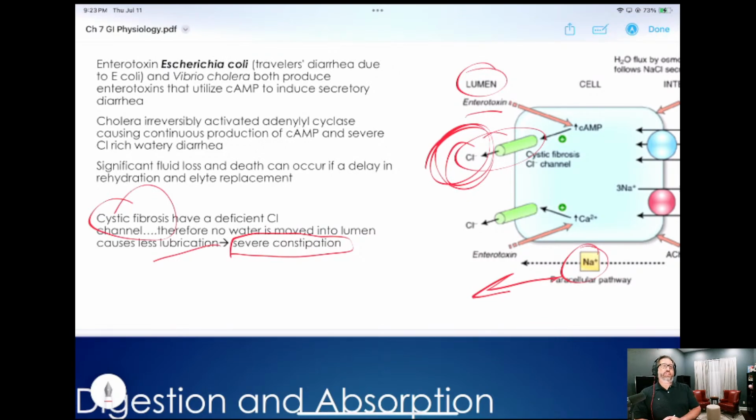So these enterotoxins, some of them, through either increased cyclic AMP or increasing calcium inside the cell, will turn on these chloride channels and they start dumping chloride into the intestine. Water is going to follow with it to keep the osmotic gradient going. Diarrhea. So that's where the chloride channels come into play.